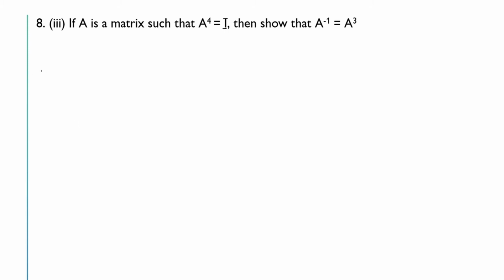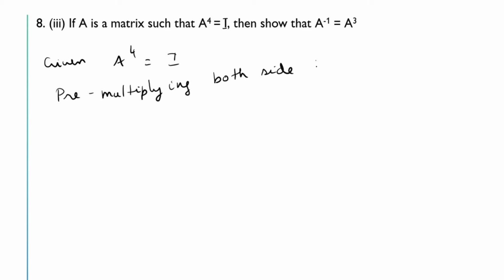So given A raised to 4 is equal to I, we can pre-multiply both sides by A inverse. So we get A inverse into A cube.